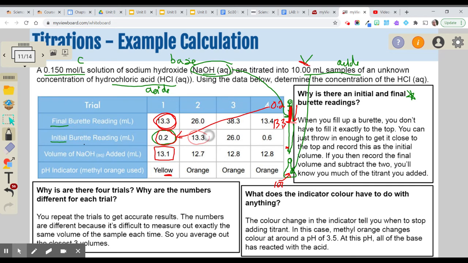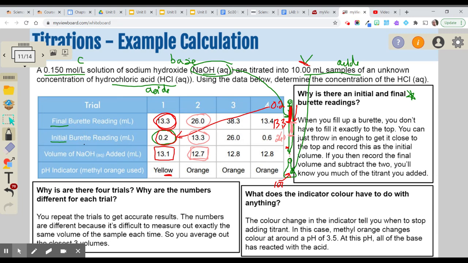We have a new sample down below; we got rid of the old one, washed it out, and got a new sample. Then we let it drip down until it turns orange, the color change, and it stopped at 26.0. So how do we figure out how much we added? We subtract 13.3 from 26 and we get 12.7. So 12.7 is the volume that was added to make the sample change colors.